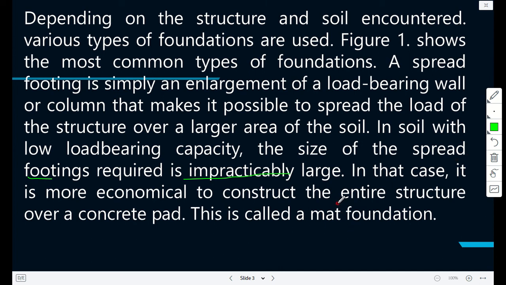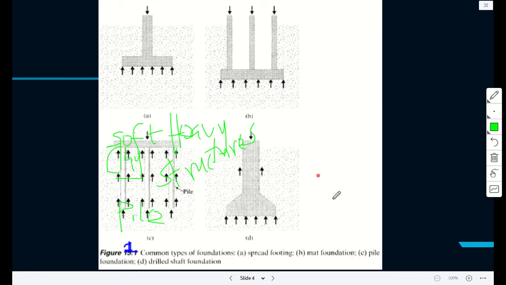The idea is that if there is weak soil, what causes problems is what we call punching shear. The simplest way to put it is akin to the reason why if someone pricks you with a thin, sharp or pointed thing, it will prick you.